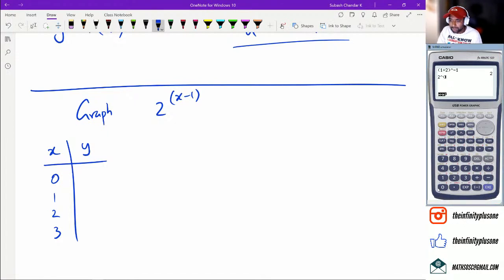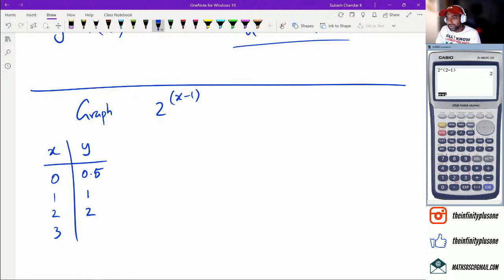So go 2 to the power of 0 minus 1, and you get 0.5, and then basically just keep going. What happens if you then get rid of 0? You get 1, and then you literally can do this for every x value.